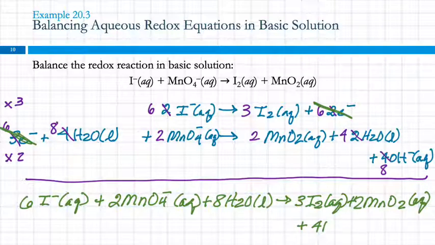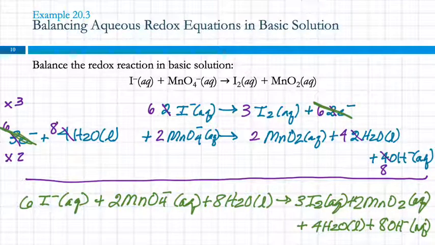And 4 water molecules and 8 hydroxide ions. And when it doesn't fit on one line, you just kind of have to go down to the next line. Is there any simplifying I could do here? Is there anything that's showing up on both sides?